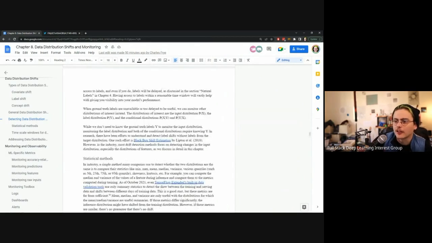There are heuristic methods like black box shift estimation, and some more principled methods like ML daemon, that try to detect distribution shifts and balance the need for labels versus the cost of labels.